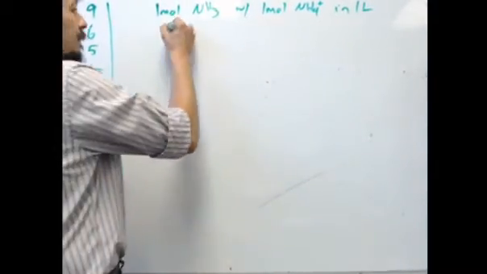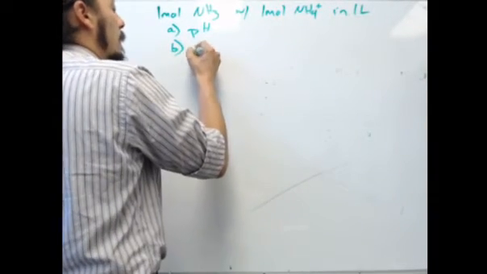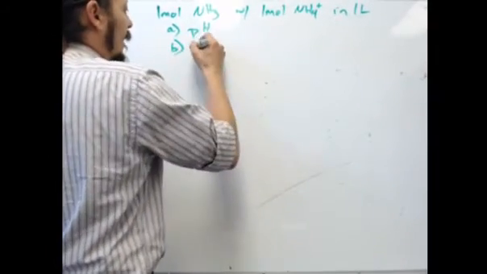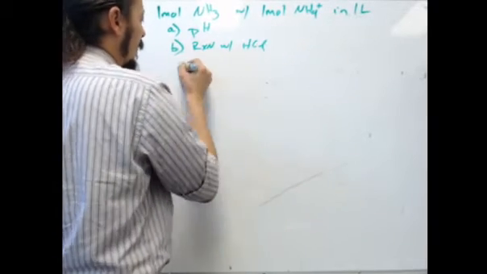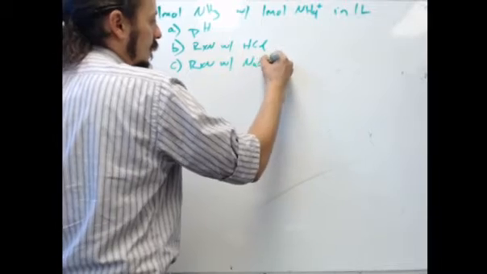A is calculate the pH of the buffer. B is write out the neutralization reaction when HCl is added. C is write out the neutralization reaction when NaOH is added.